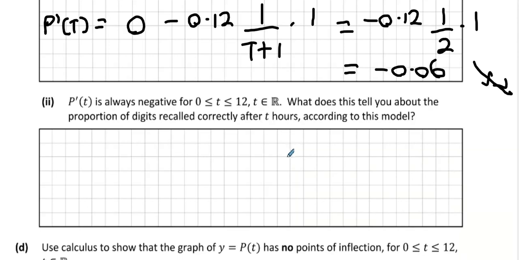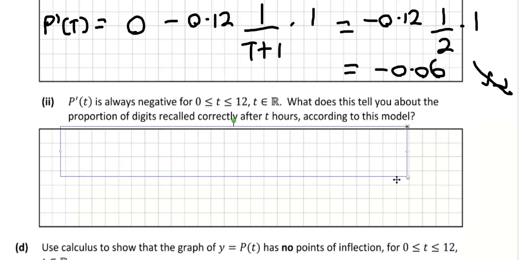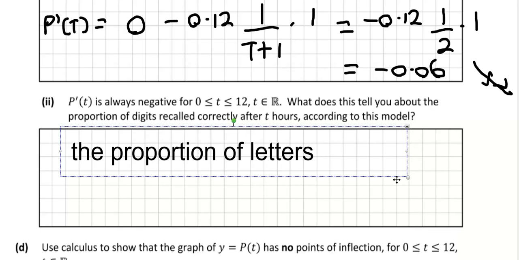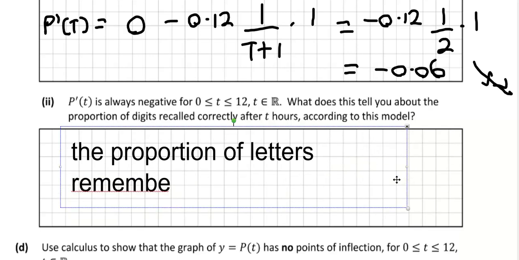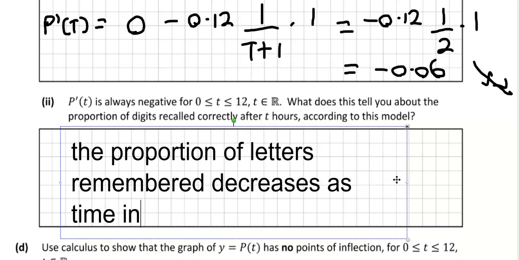The proportion of letters remembered decreases as time increases. Happy with that? Because it's always going down.